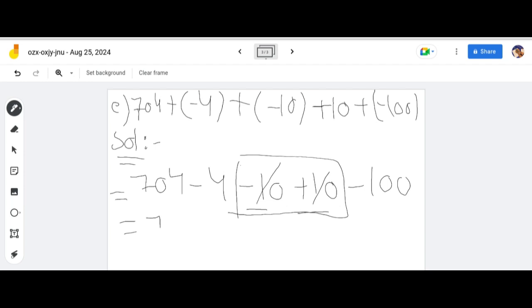Now the remaining numbers are 704, minus 4 and minus 100. 704 minus 4 becomes 700. 700 minus 100 is 600. Okay.